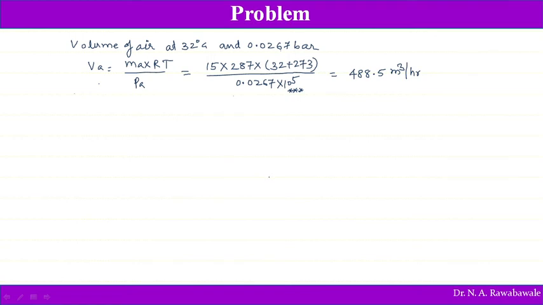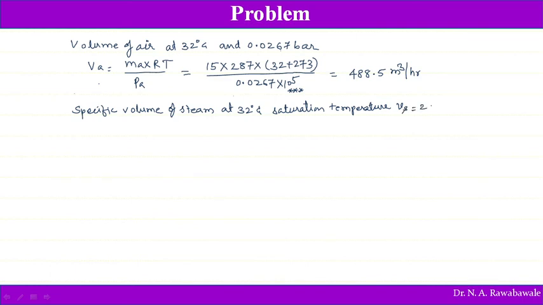Now the specific volume of steam at 32 degrees Celsius saturation temperature is taken from the steam table. Vs is equal to 29.6 meter cube per kg.